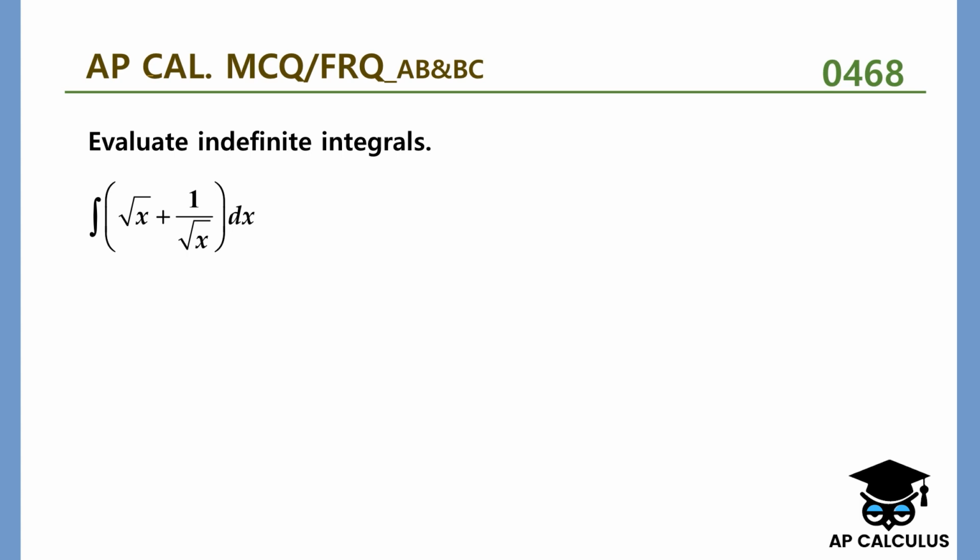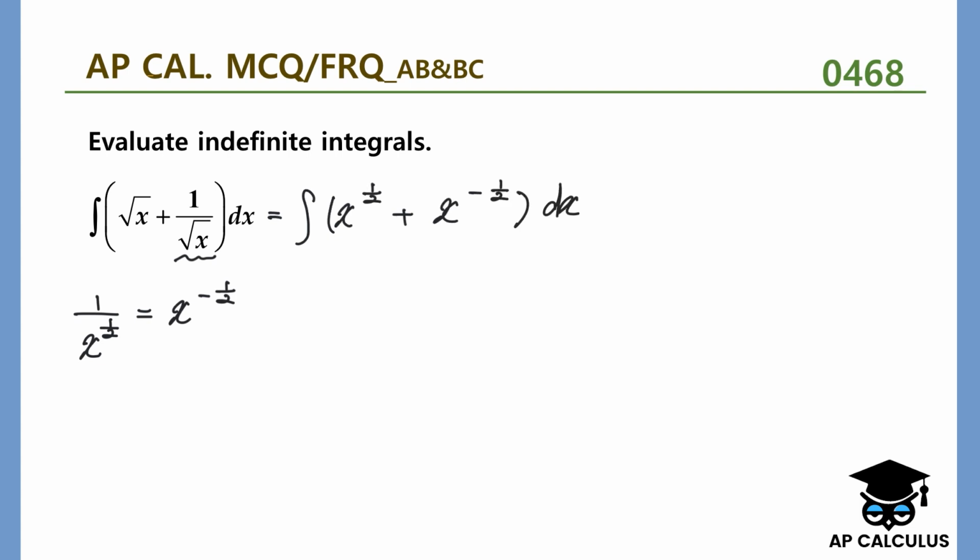We have the integral of square root of x, that's x to the power of 1/2, plus 1 over x to the power of 1/2, which is x to the negative 1/2.